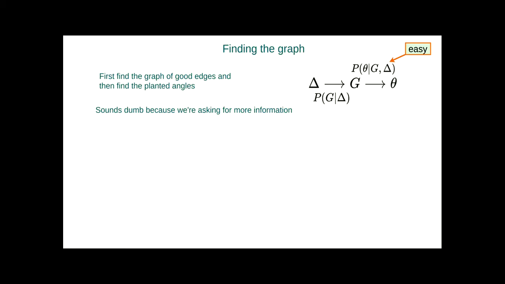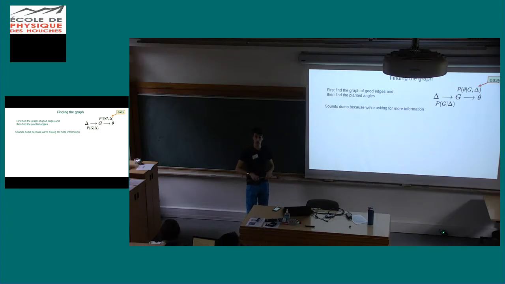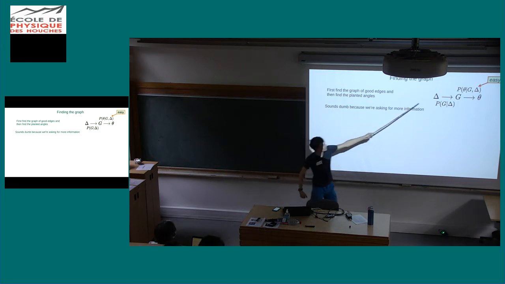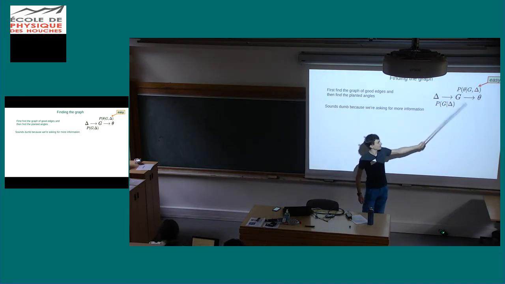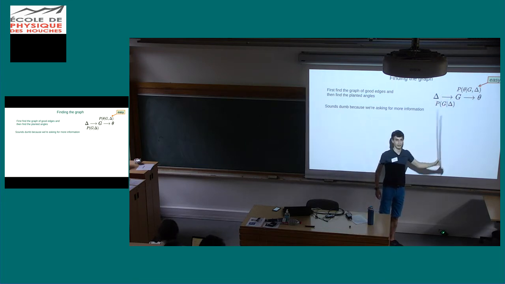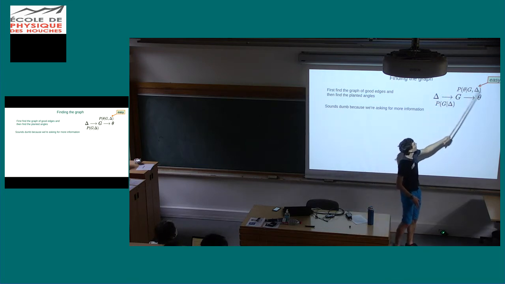Okay. So instead, we can try to do a different thing. We look at the latent variable of the problem, which is the graph of good edges. Given delta, we first decide to find the graph, and then, given delta and the graph, we find the angles. The second part is easy. I don't want to explain why, but just believe me.